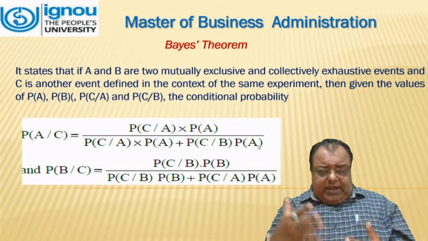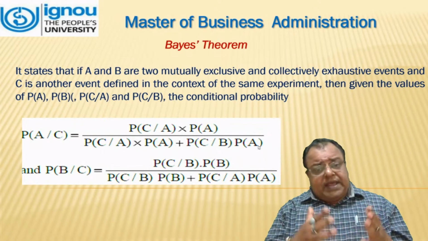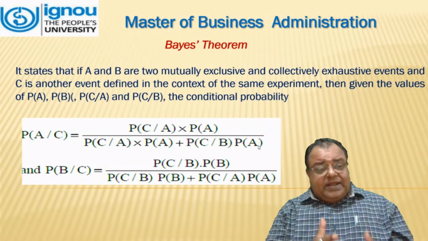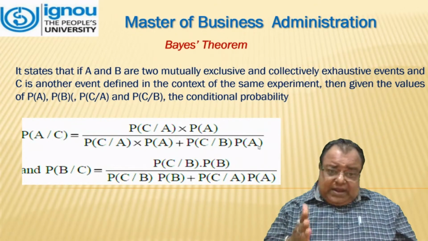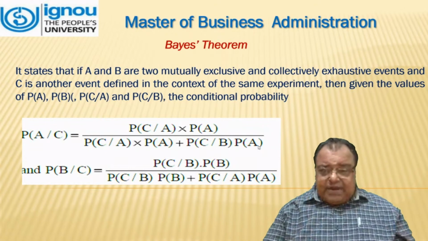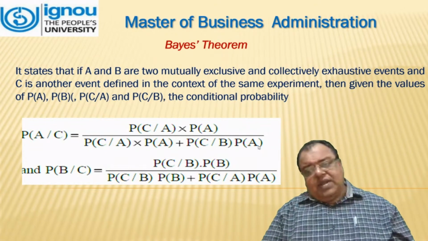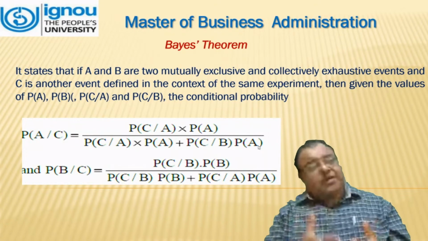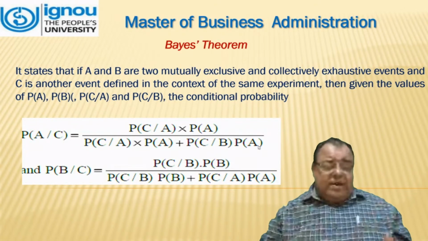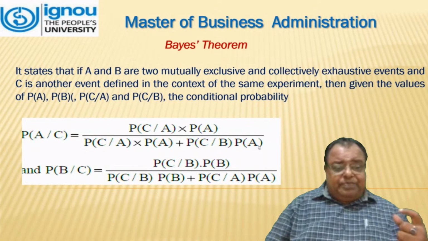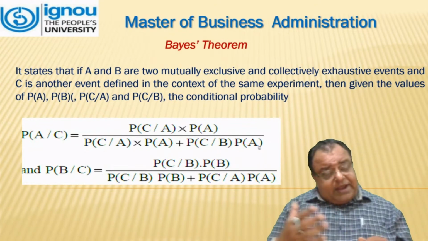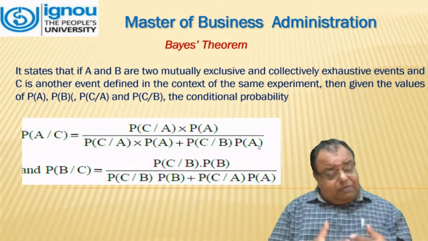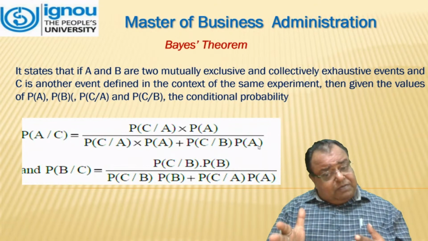It states that if A and B are two mutually exclusive and collectively exhaustive events, and C is another event defined in the context of the same experiment, then given the values of P(A), P(B), P(C|A), P(C|B), the conditional probability P(A|C) will be equal to P(C|A) into P(A) upon the summation of P(C|A) into P(A) plus P(C|B) into P(B).